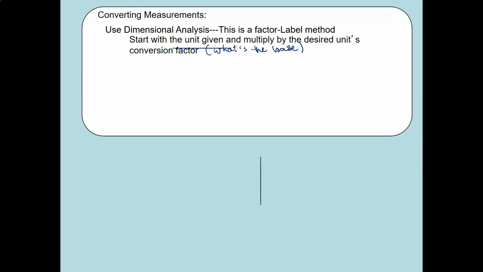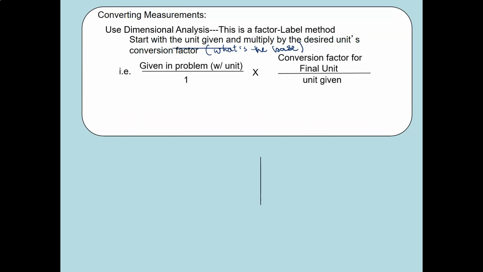It always happens. Okay, so you start with a given unit in the problem. So this is your given. And then you're going to multiply it by what you want on the top. So this is going to be the desired unit, what you're trying to get to. And then what's its conversion from the unit given.